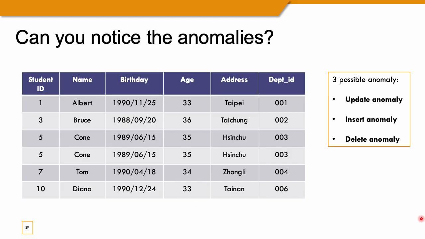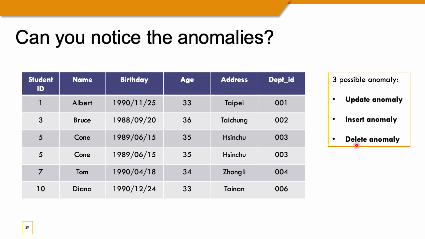The third possible anomaly is the delete anomaly. If we delete some rows from the table and any other information or data which is required is also deleted from the database, this is called a delete anomaly.